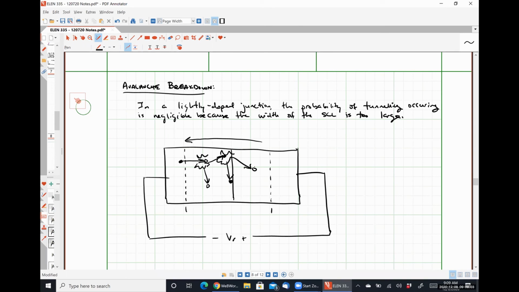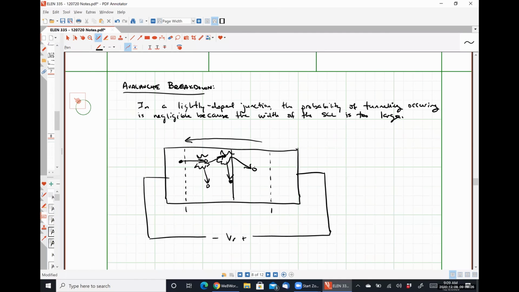That system just cascades out of control, which is why it's called an avalanche breakdown. We're literally imparting the charge carriers with enough energy to break the covalent bonds of the lattice itself, and that causes an avalanche breakdown.